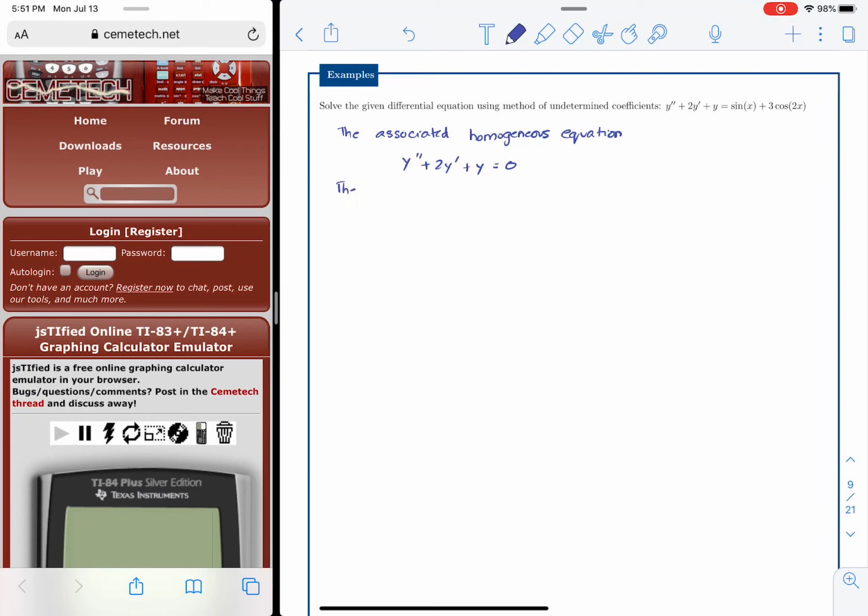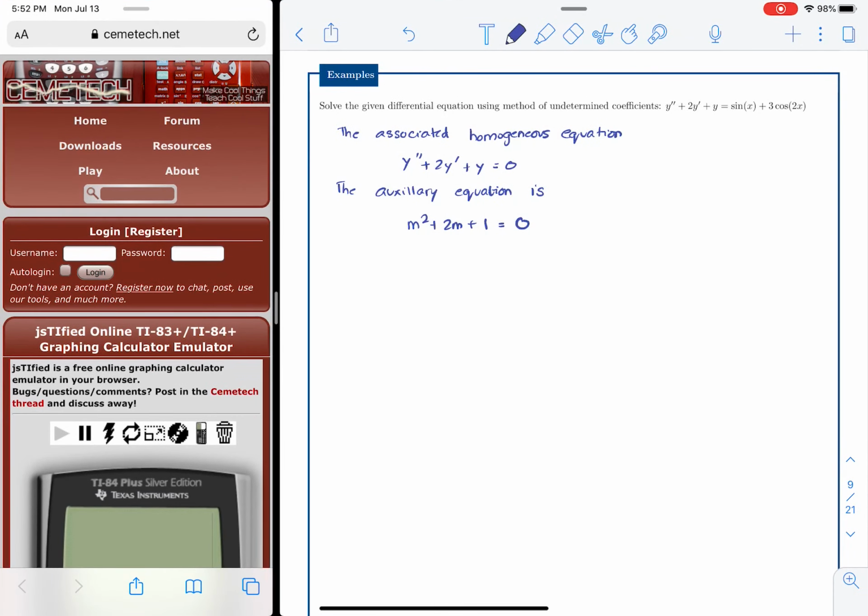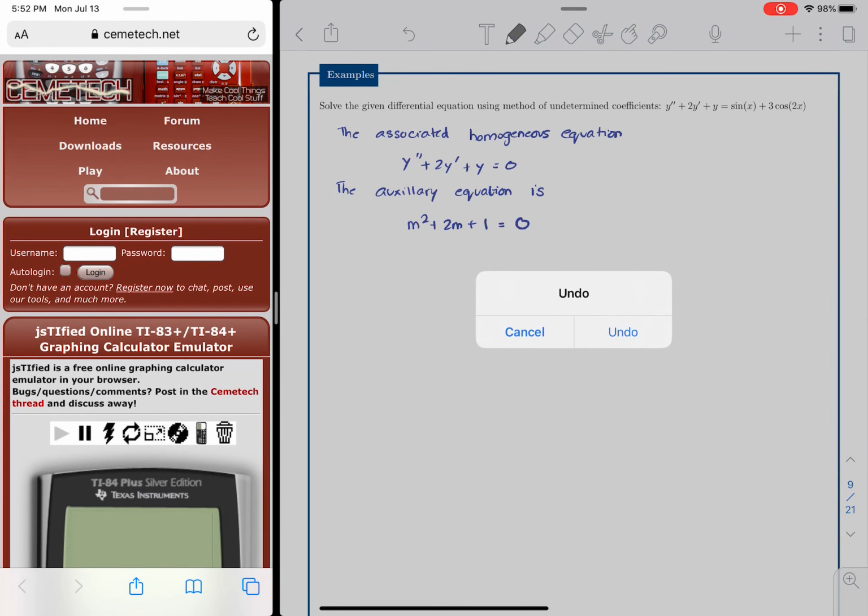So the auxiliary equation is m squared plus 2m plus 1 equals 0. So we have to find the roots of this equation.